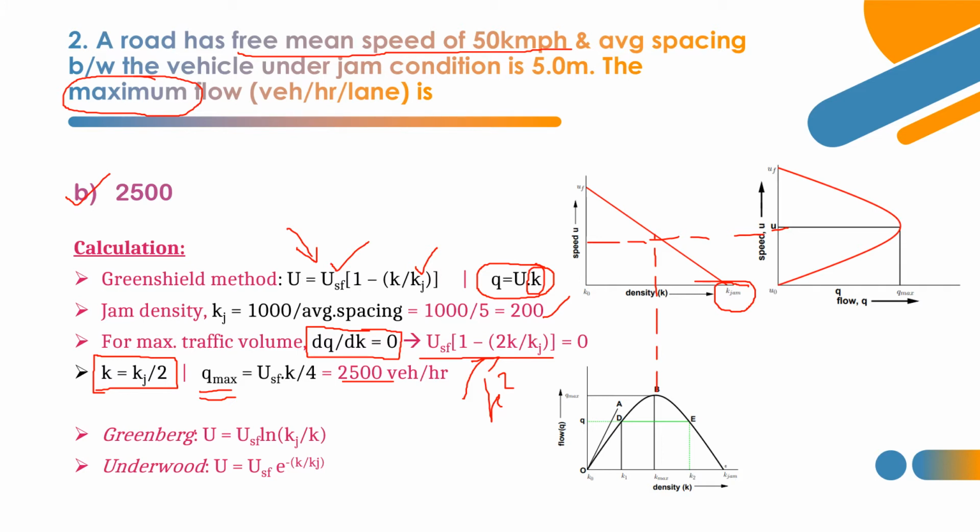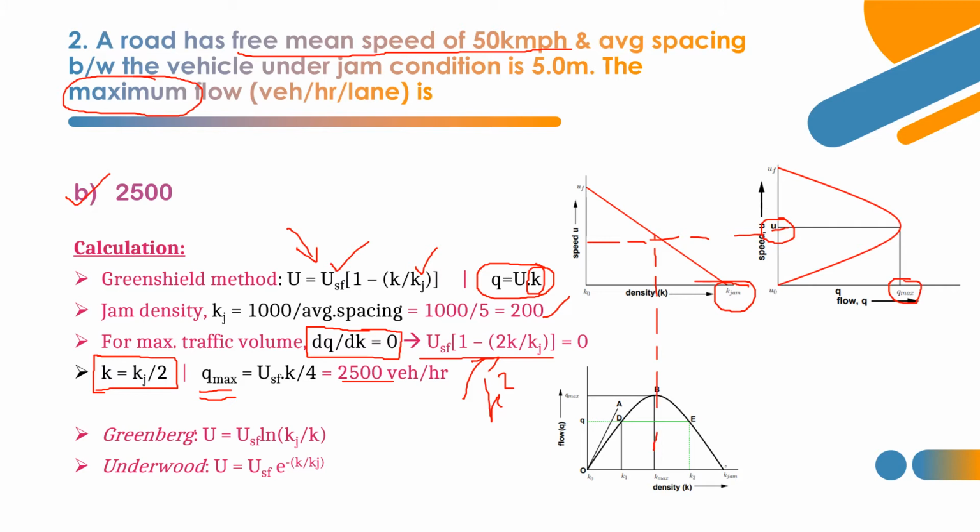And it comes to the second graph, speed versus flow. When flow is maximum, then speed is denoted as U. When flow is 0, or we can say jam condition, then it is denoted as UF. And the third graph is Q versus density.